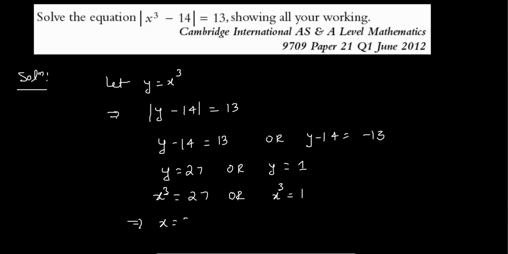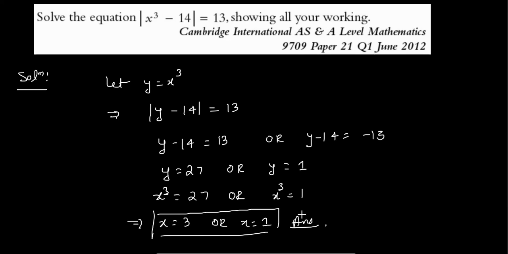So from this we get x is 3 or x is 1. This is your answer. You can verify this: 3 cubed is 27, minus 14 is 13, and similarly 1 cubed is 1, minus 14 is minus 13, whose modulus is also 13.